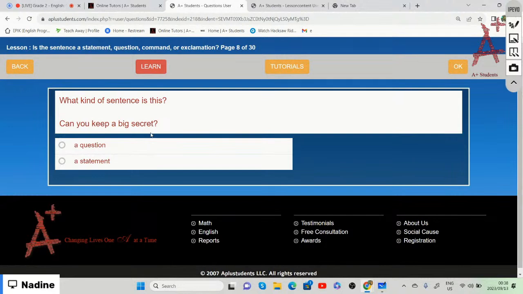Can you keep a big secret? And it ends with a question mark. Is this a question or a statement? It ends with a question mark.